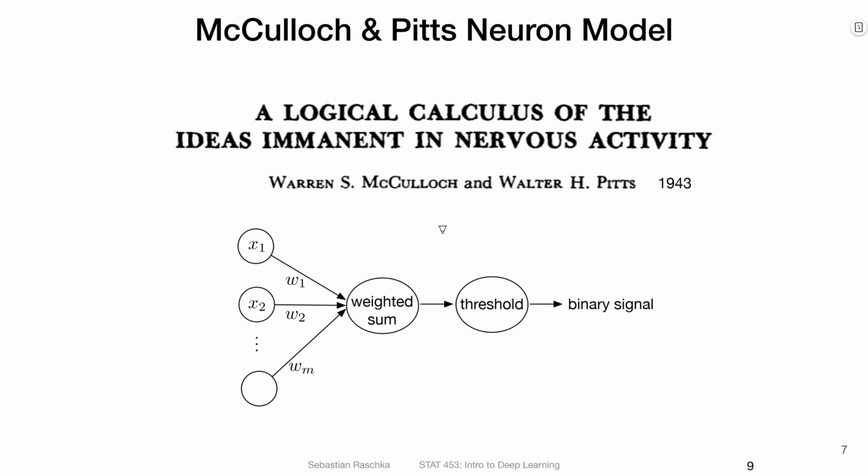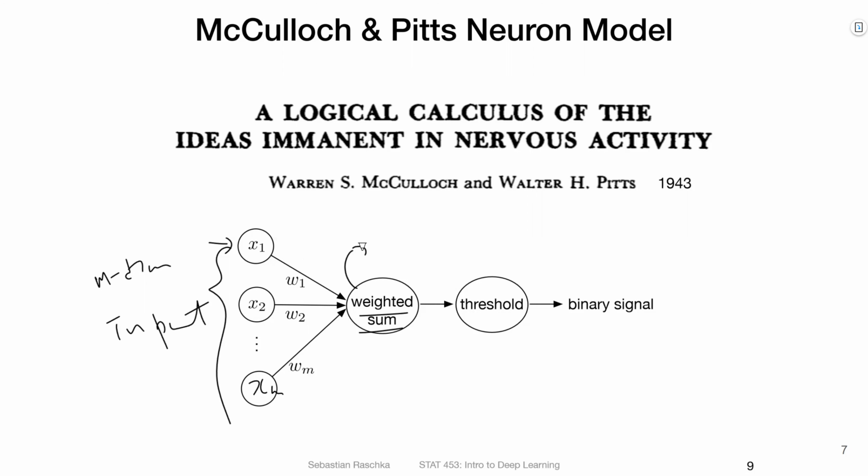And the very first model that researchers came up with is this simple perceptron. Here, let's say the input has dimension m. Here should be xm. For this m-dimensional input vector, what we do is perform a weighted sum.